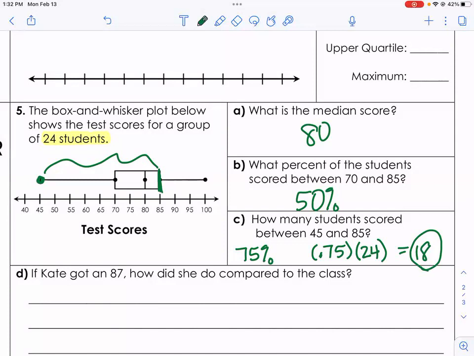Now, Kate got an 87. How did she do compared to her class? Pretty well.